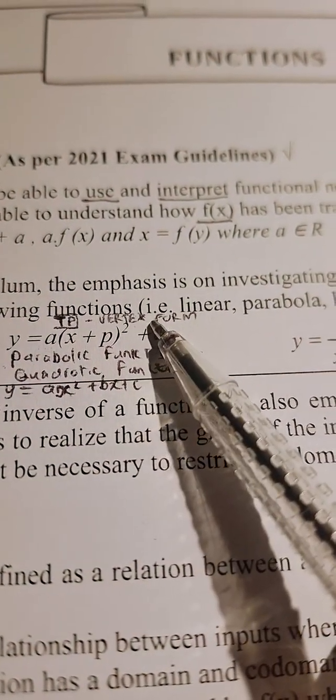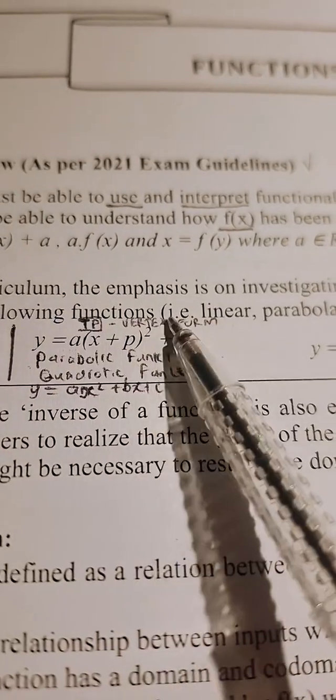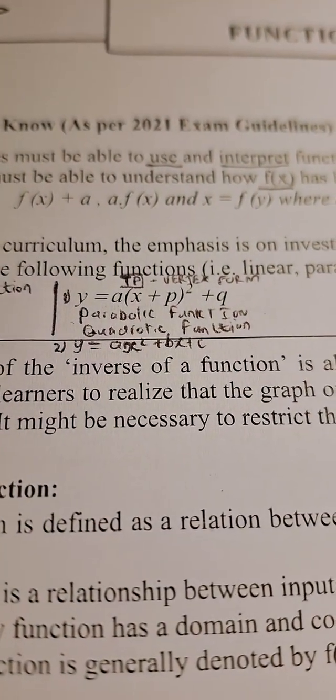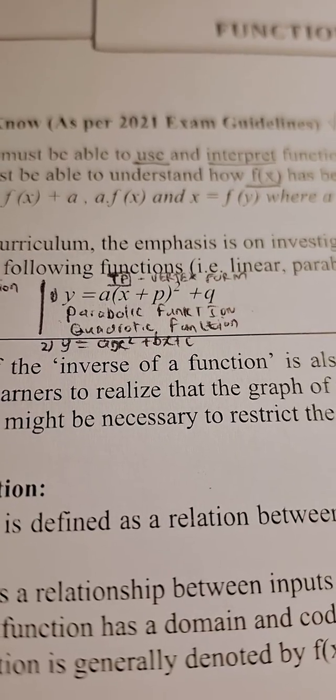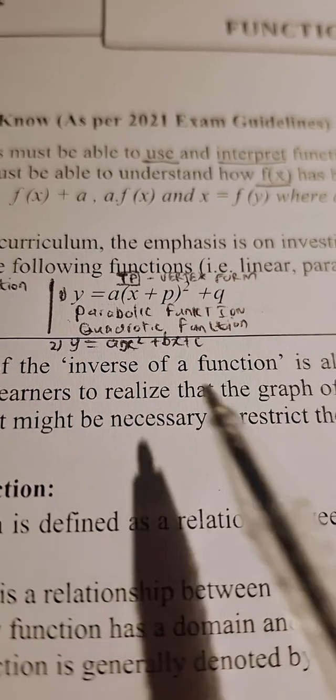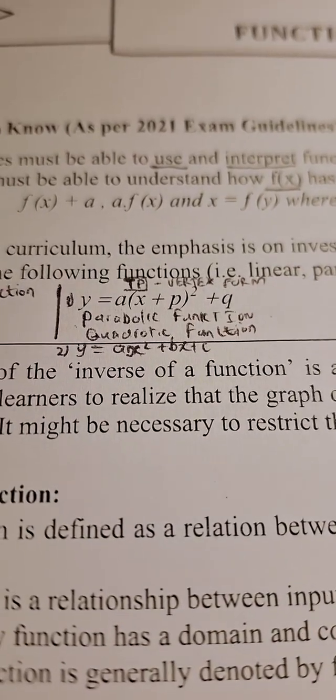Or you could say the vertex form. That's a synonymous word that means turning point. This other second form is what we call the quadratic form, the quadratic standard form to be more specific: ax squared plus bx plus c.